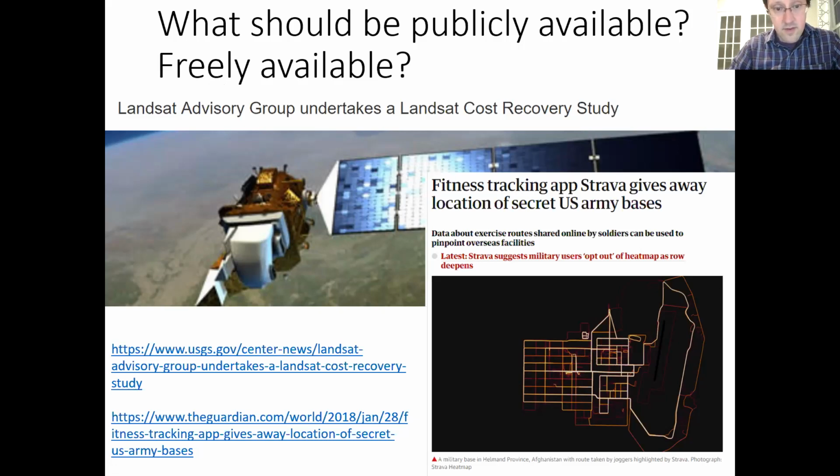This is not guaranteed, as the Landsat Advisory Group in the past couple of years has started a study to look at ways to charge users to recover the cost of producing the data. This is, as I alluded to again, a case of the US government and some other governments having differing viewpoints.